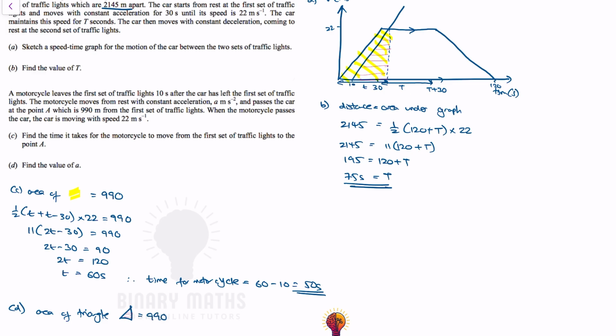That means 990 is half times the velocity, which we don't know, times the time, which is 50.